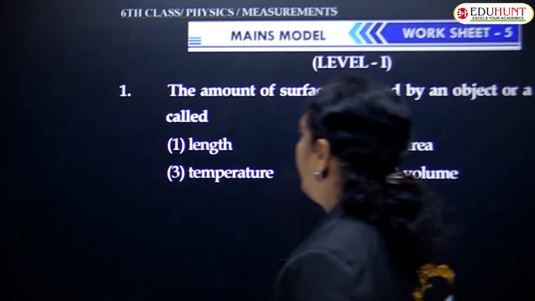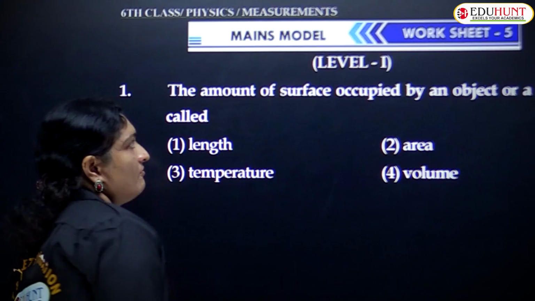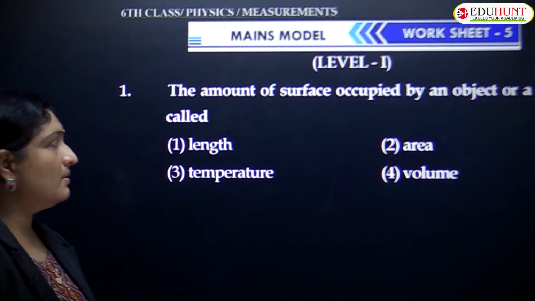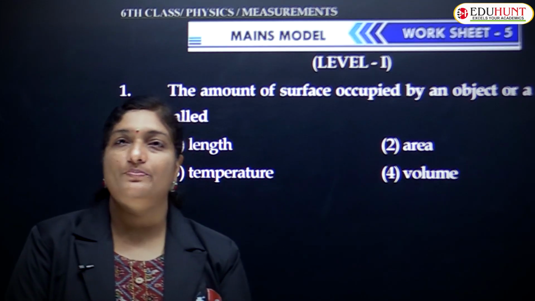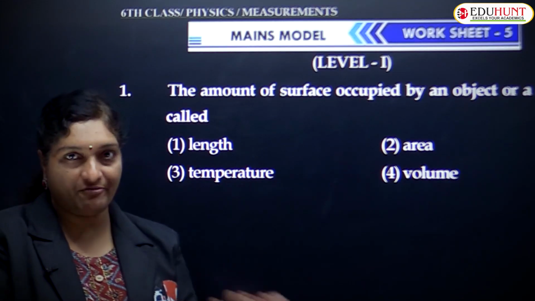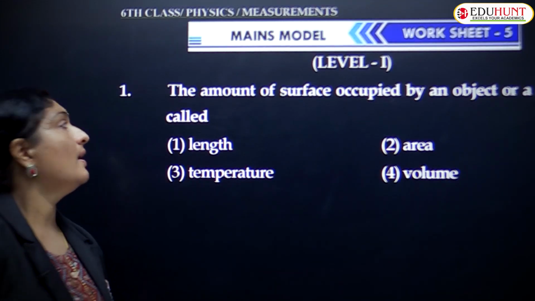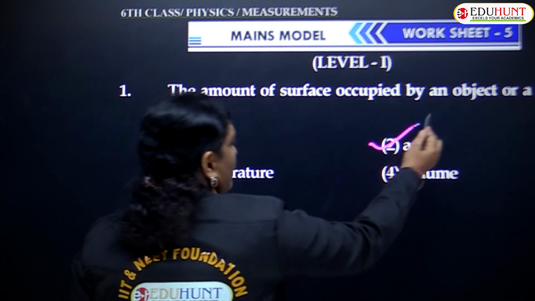So children, let us have a look at the first numerical in worksheet number 5. The amount of surface occupied by an object or a place is called what? Occupied is nothing but, yes, area.